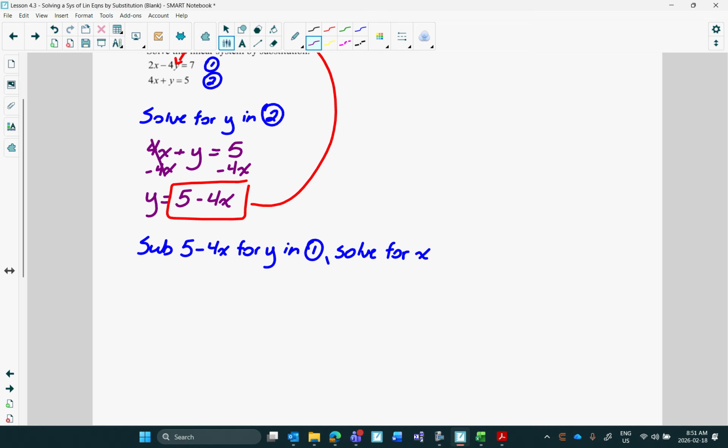So equation 1 now looks like 2x, and instead of y, it's going to be 4 times 5 minus 4x, equals 7. Now I want you to try and solve for y.